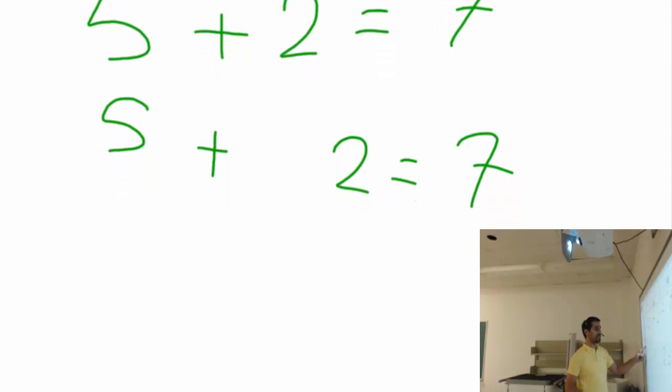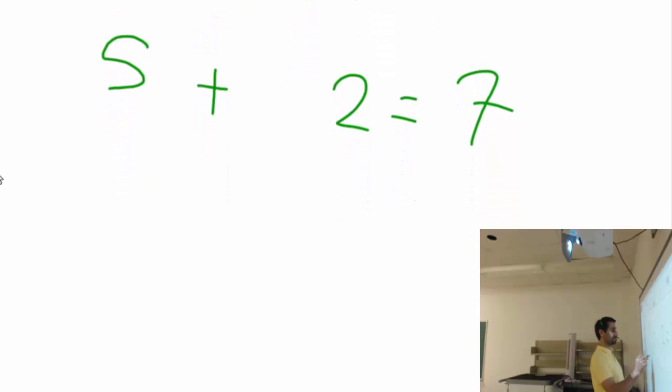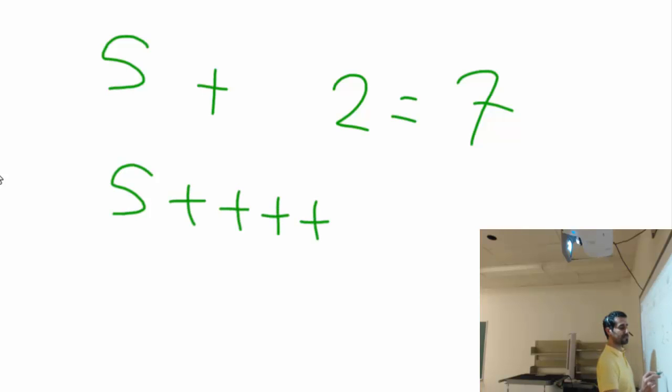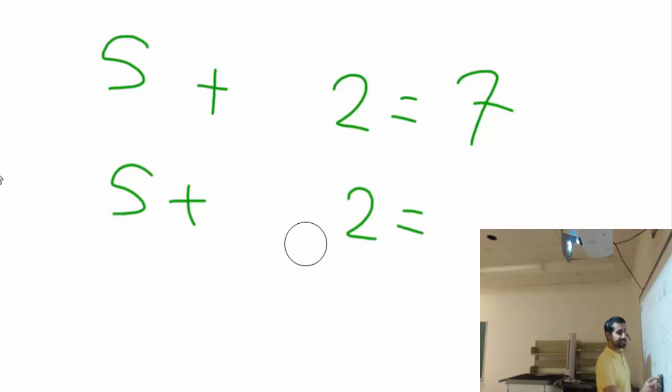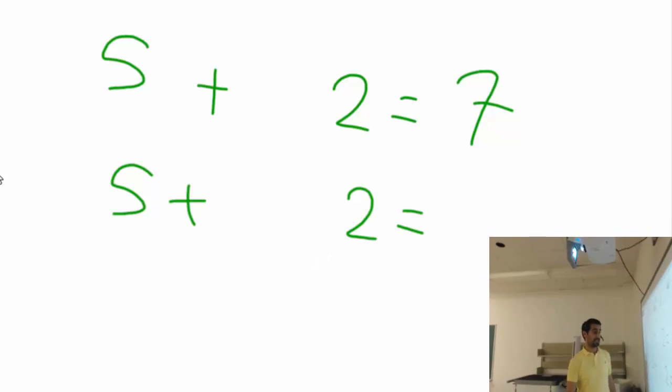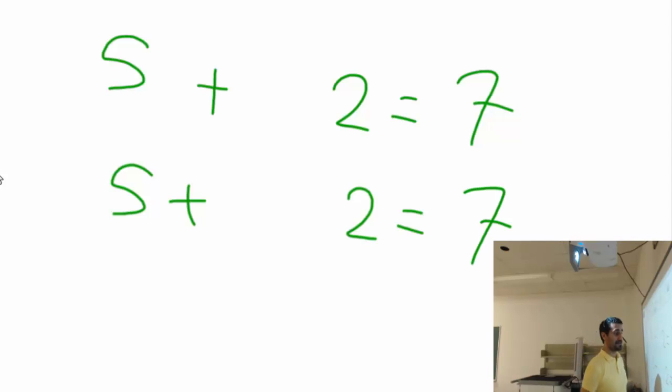Let's complicate this a little bit further. 5 plus plus plus 2. I am going to ignore all the plus signs except one, so I know what to do. It will be 7 once again.